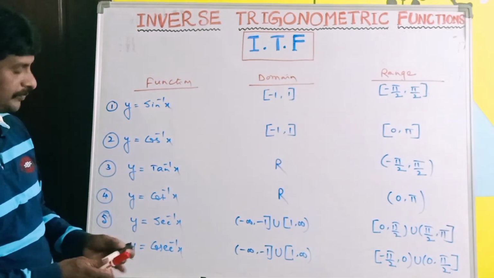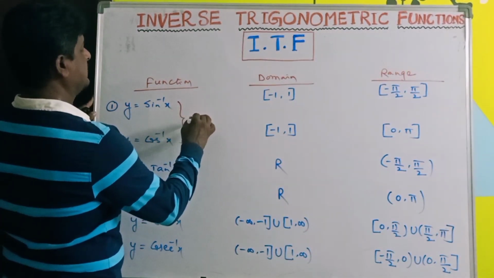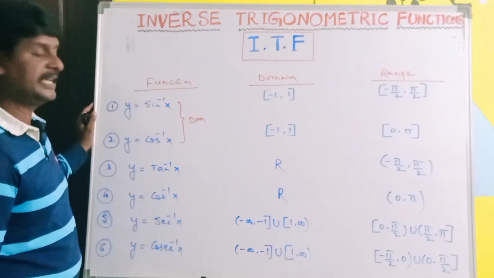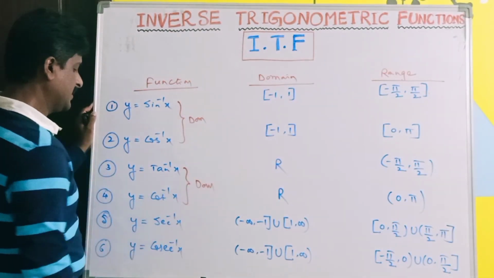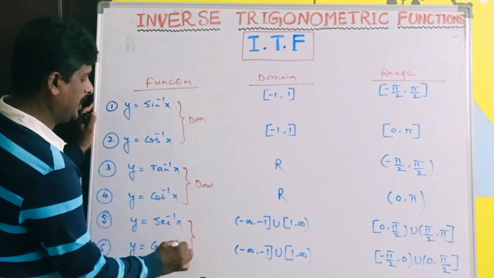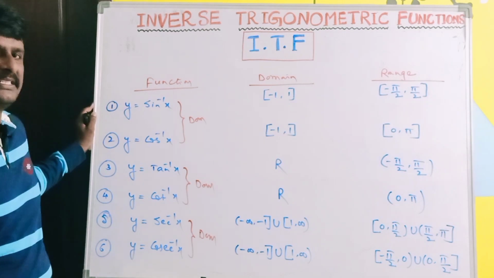And you see domains of sine inverse x, cos inverse x same, domains of tan inverse x, cot inverse x same, domains of secant inverse x and cosecant inverse x same.